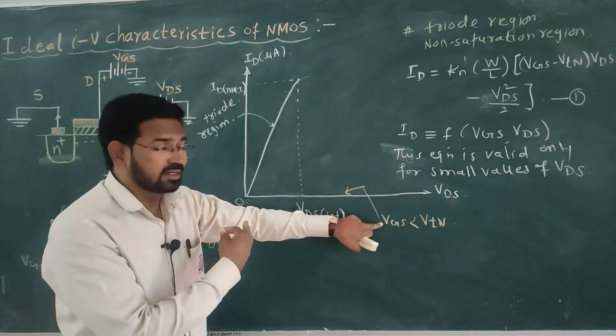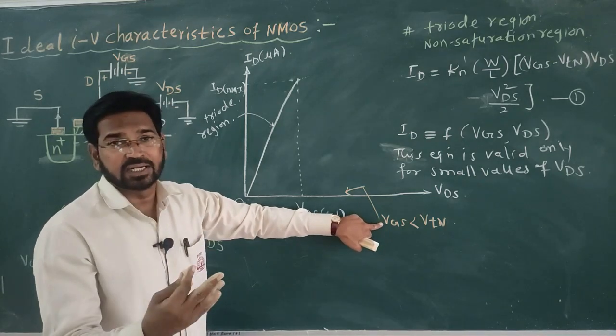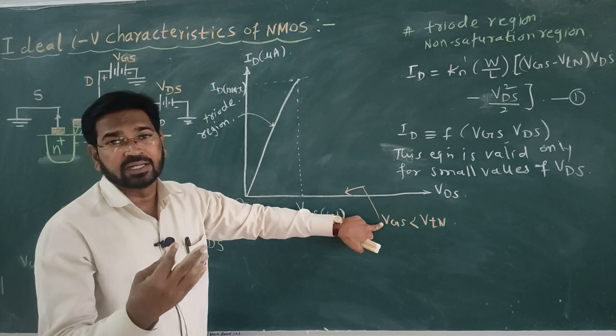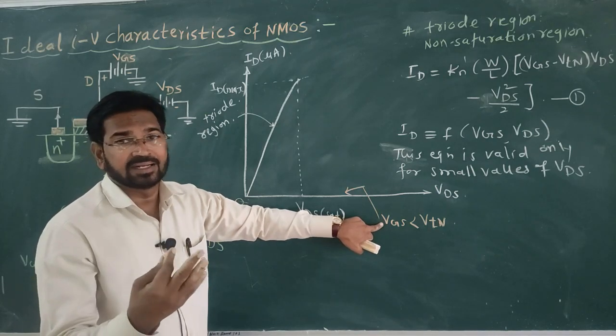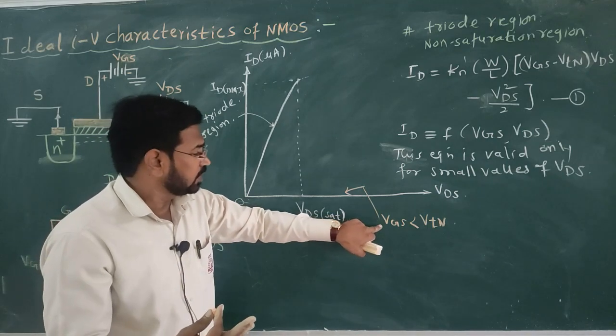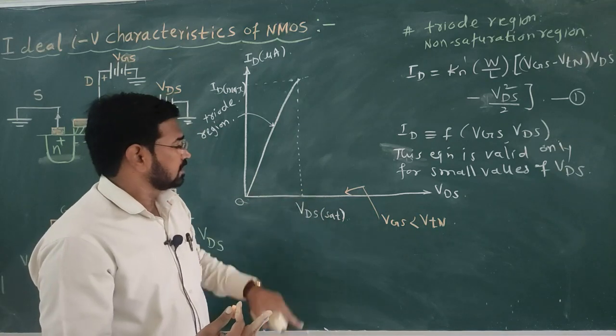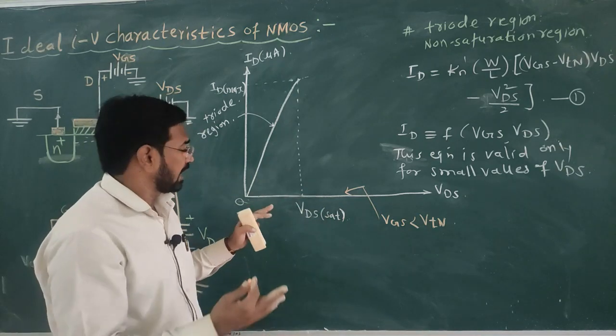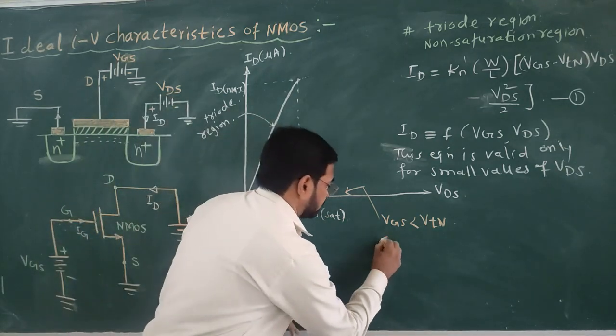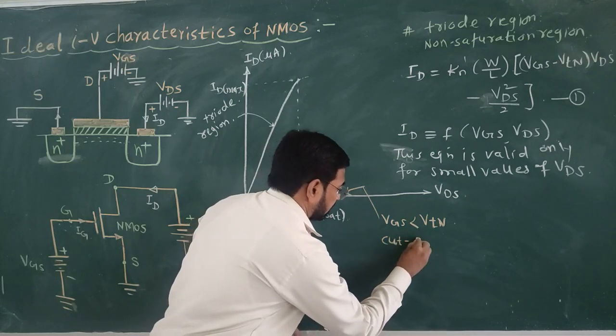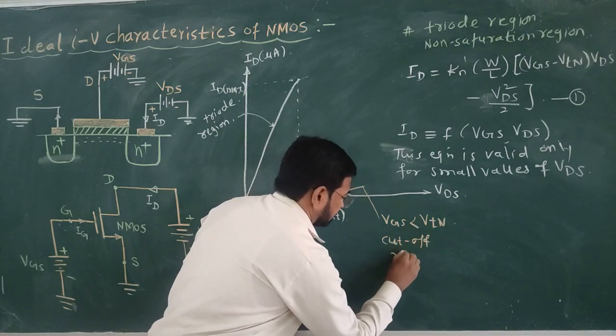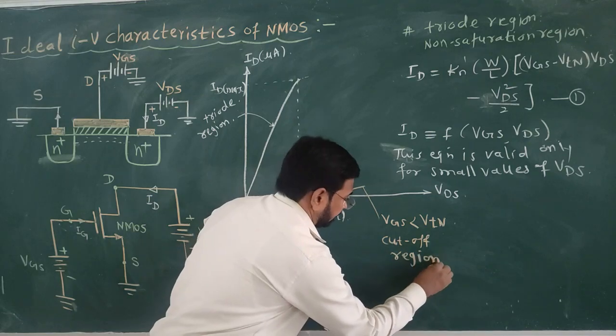So, what is the current? The current in the device is leakage current, a very small amount, less than nanoamperes. So, almost no current flows and the device is said to be in the cutoff state. This region is called the cutoff region.